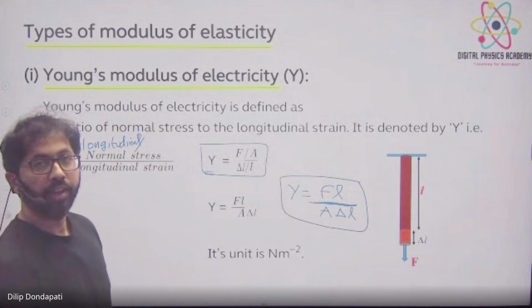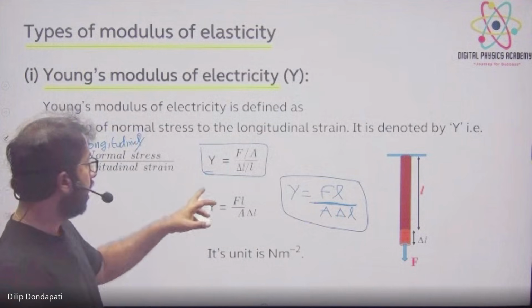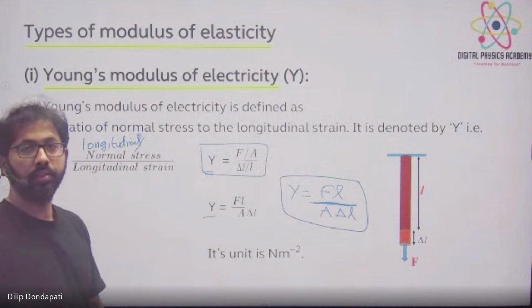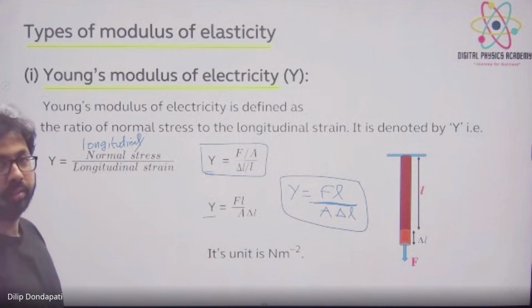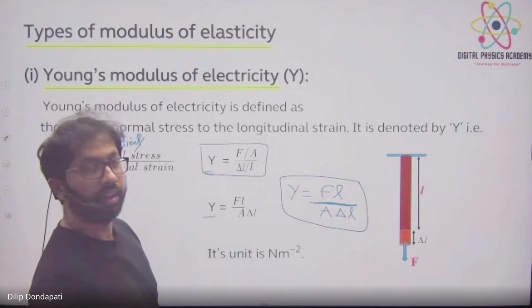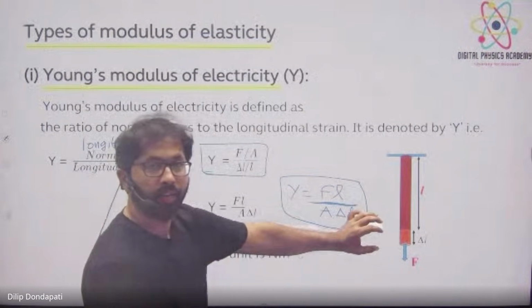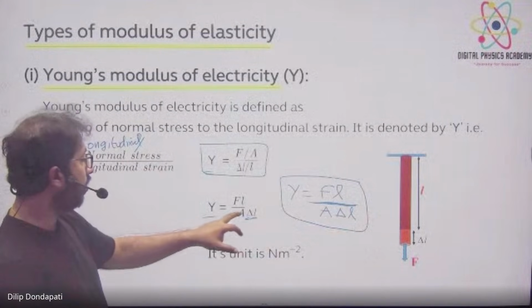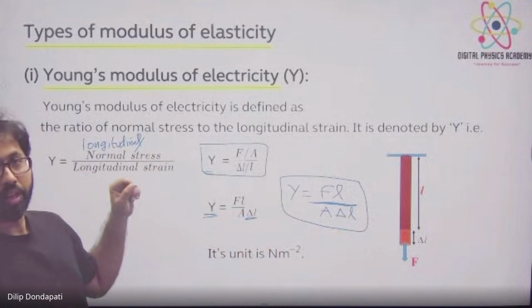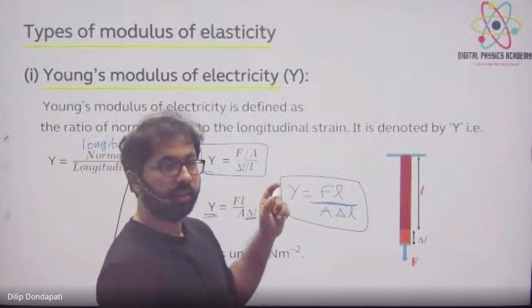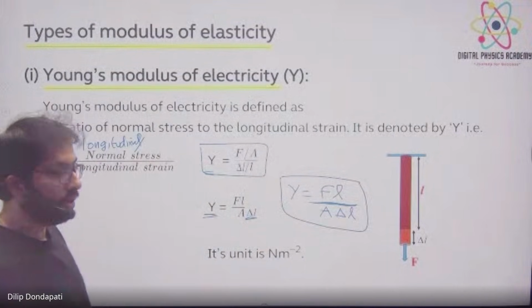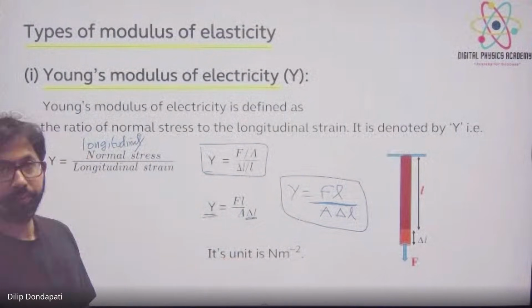It will decrease. Why? If you increase the temperature, the length of the conductor will increase. Delta L will increase. If delta L increases, what will happen to Y? It will decrease. So, very important: as temperature increases, Y decreases, because elongation is increasing.